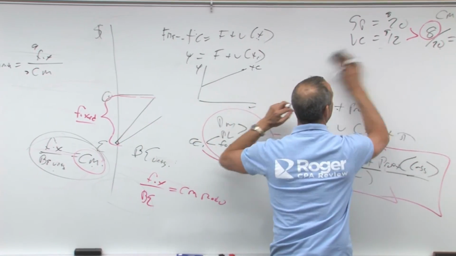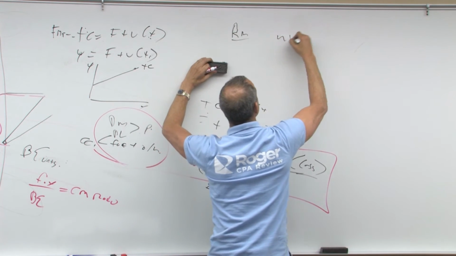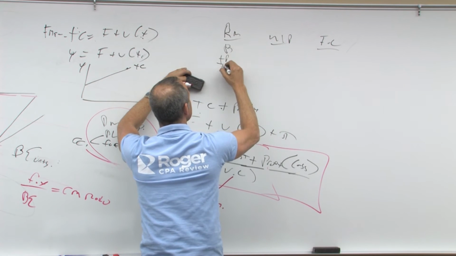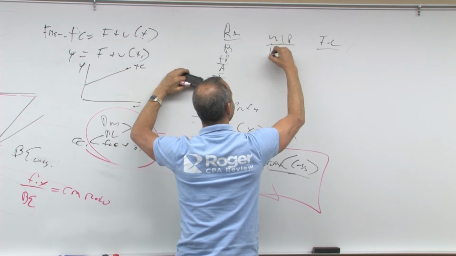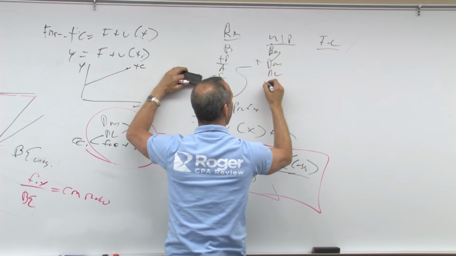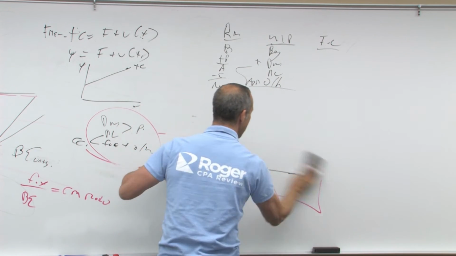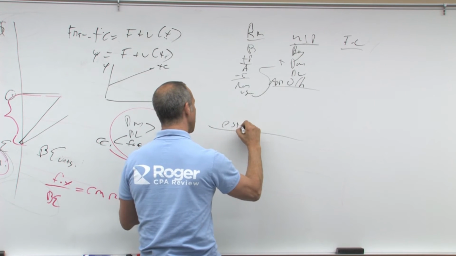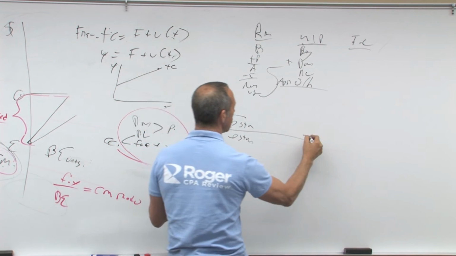We also talked about the flow of a cost system. You have raw materials, work in process, and finished goods. Beginning plus purchases is available, minus ending is raw materials used. That goes into WIP, where you have beginning plus direct materials, direct labor, and overhead applied based on a predetermined overhead rate, which is estimated overhead over estimated activity, the numerator and denominator.